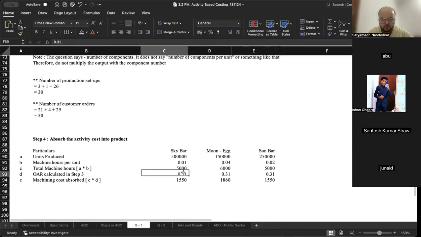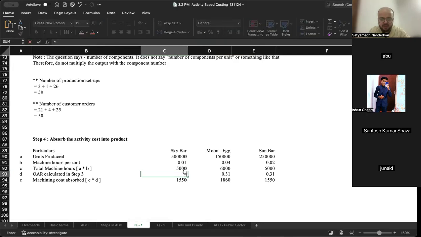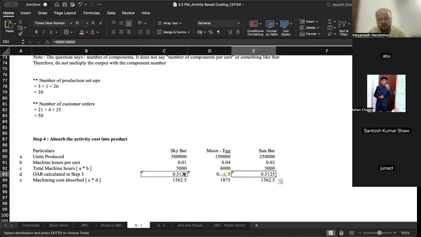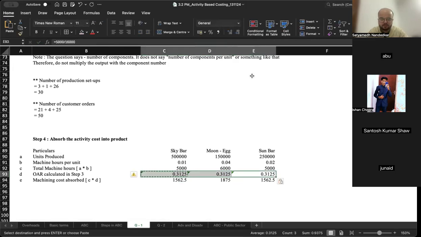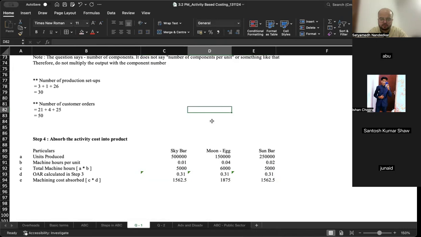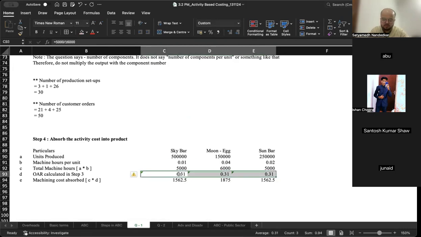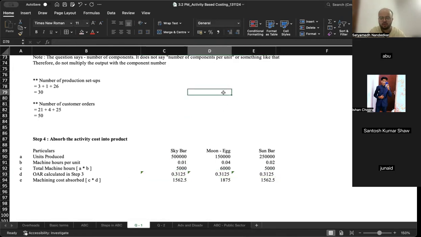Ideally, instead of writing 0.31, you should write 5000 upon 16,000. It will give you better values. I'll just increase the number of decimals so that you can see this for what it is.